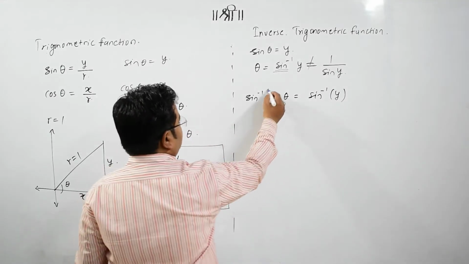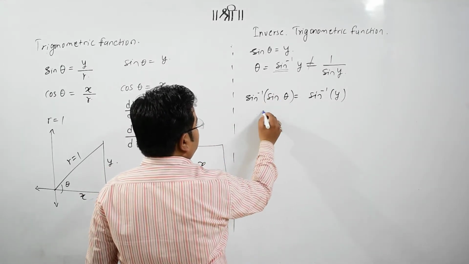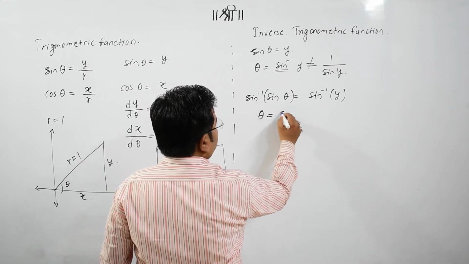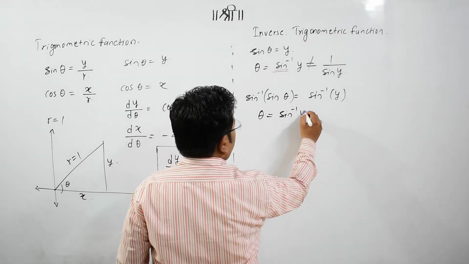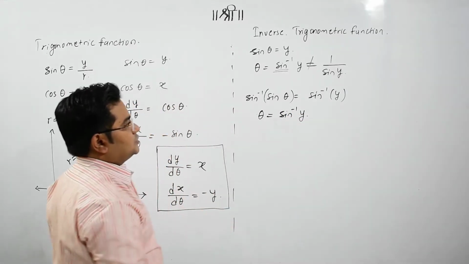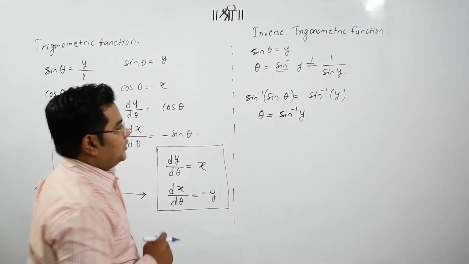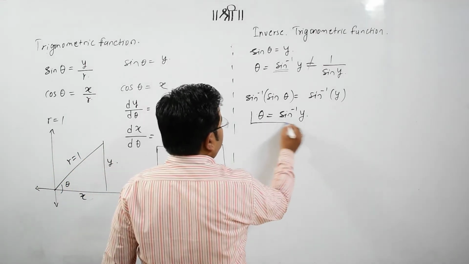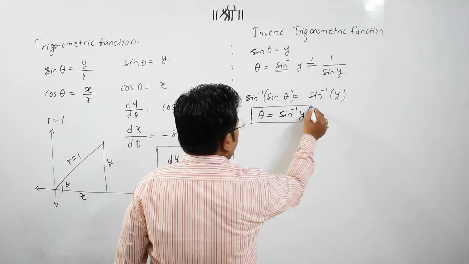Hope you got it. So the sine inverse and sine cancel, and only theta remains, which is equal to sine inverse of y. Most important thing, and that's how we are dealing with this theta. Okay, hope you got it.